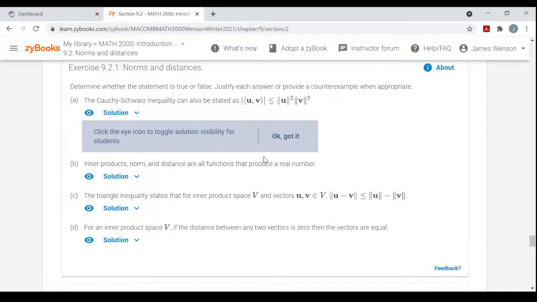You still have to know how, except for those p norms. Again, there are some other types of norms, other types of distances, but for the most part, when you want the norm of a vector, you're taking the square root of the inner product of that vector with itself.